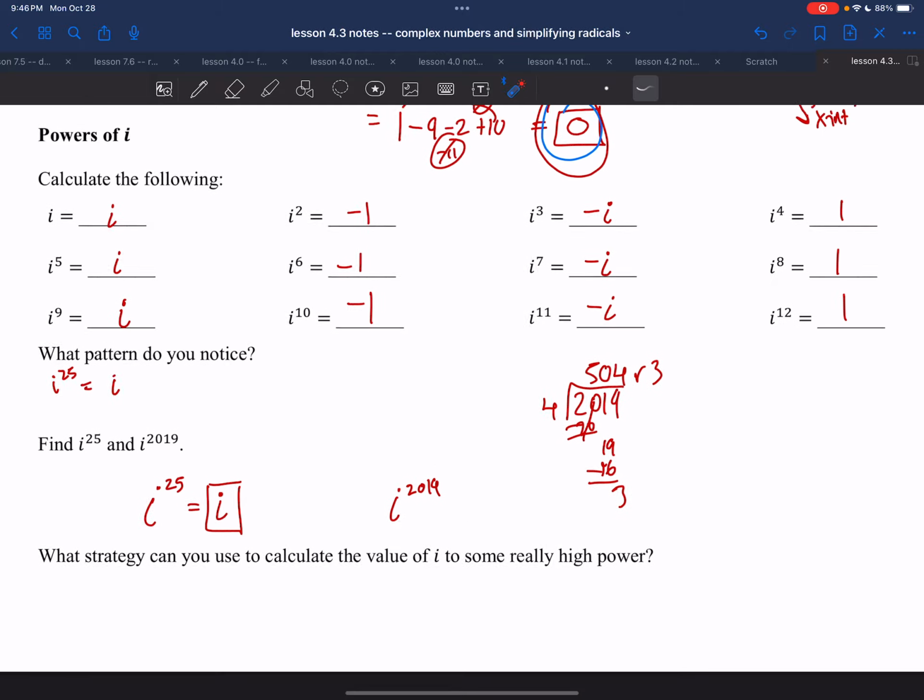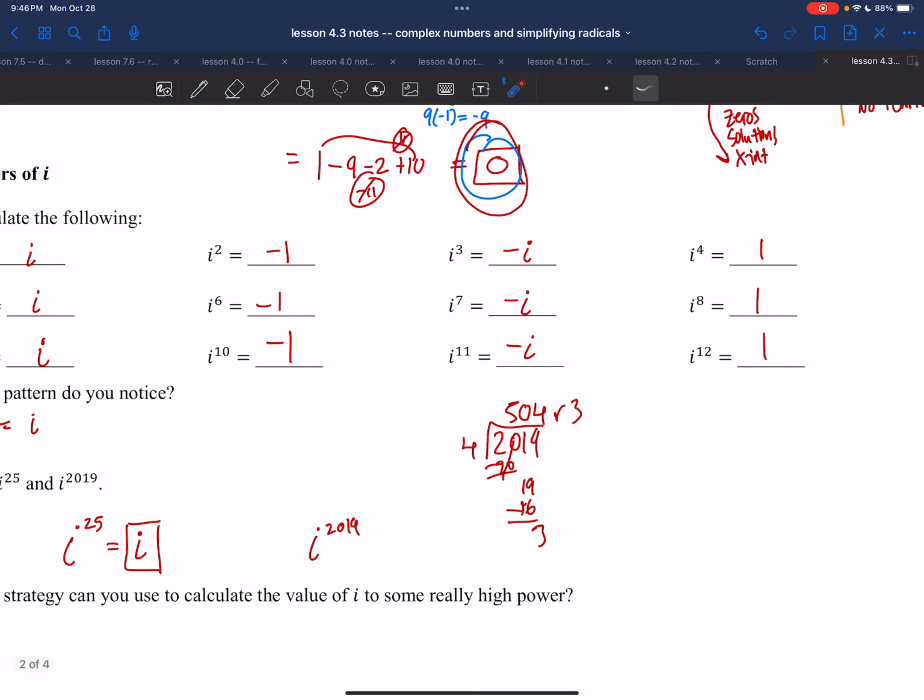And I say, well, so what does that mean? It means you went 1, 2, 3, 4, 1, 5, 6, 7, 8, 9, 10, 11, 12. And you went through that cycle 504 times, right? And then eventually you're there and it says remainder 3. So on the 504th round, you're right here.